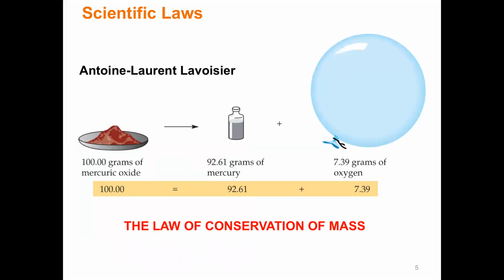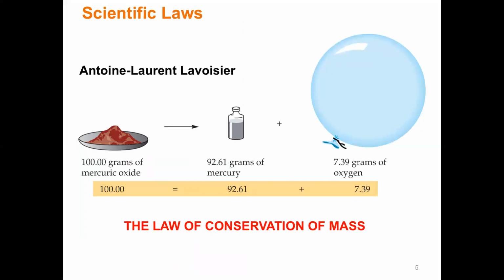Philosophers, or scientists now, I guess we could start calling them scientists, would actually start doing experiments to try and understand how the world was working. And one of the first scientific laws is called the law of conservation of mass, and we're going to be playing around with this one in lab.